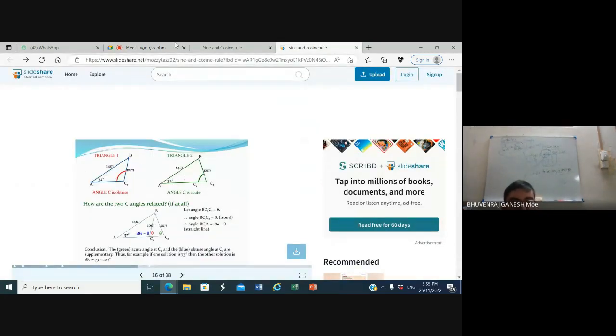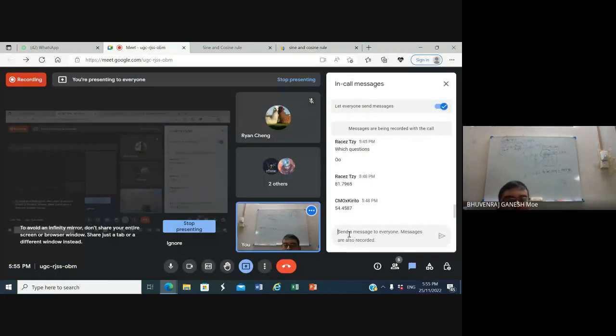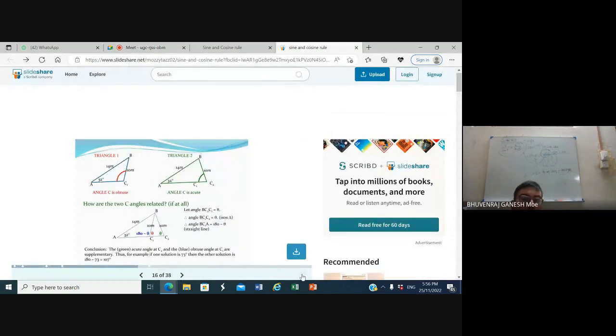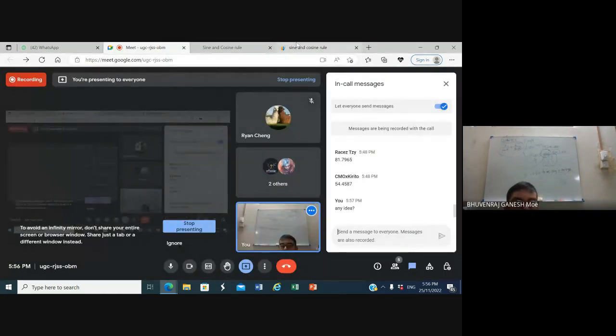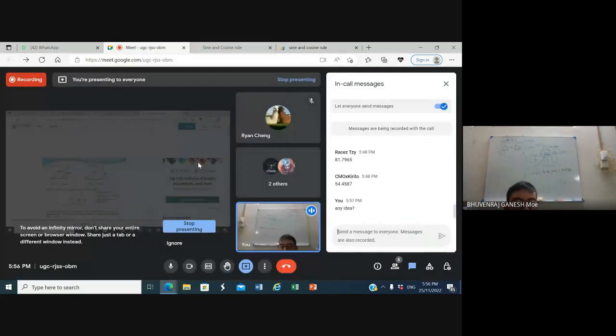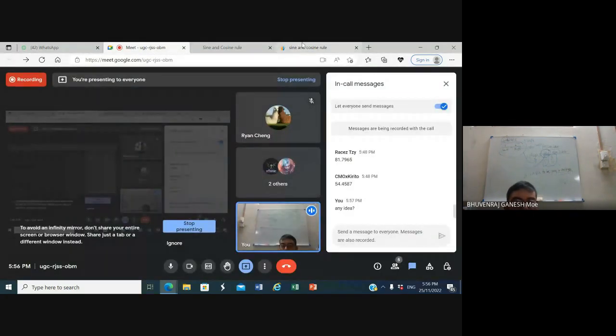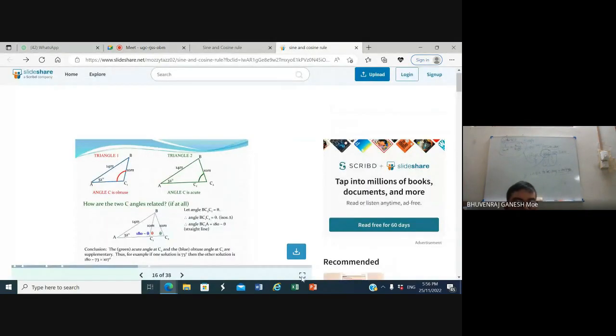These two triangles, how their angles are related. You see here, this angle is 180 minus theta. That's how it's related actually. So yeah, this is how it goes, the relation.